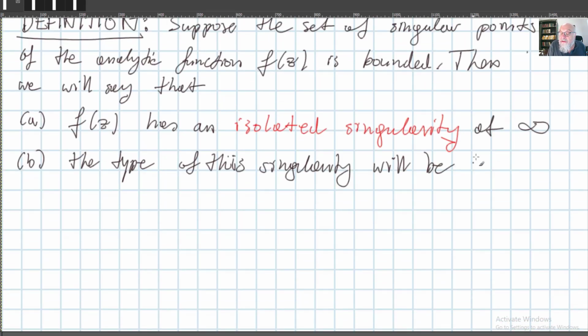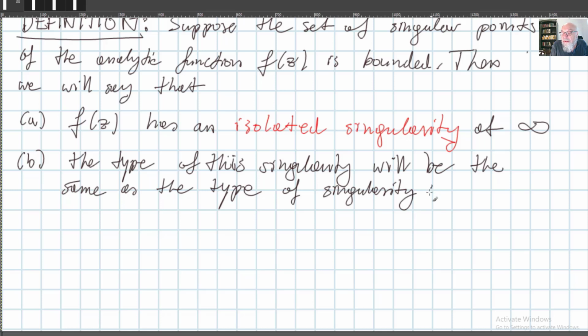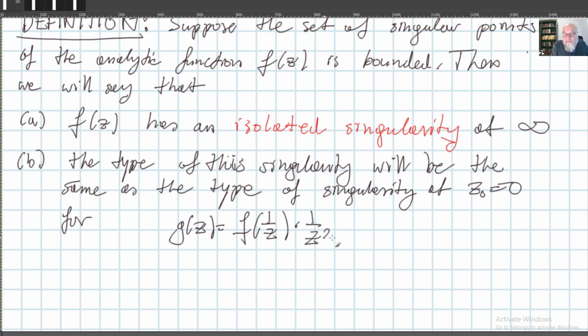So the singularity will be the same as the type of singularity at 0 for the function g of z equals f of 1 over z times 1 over z squared.